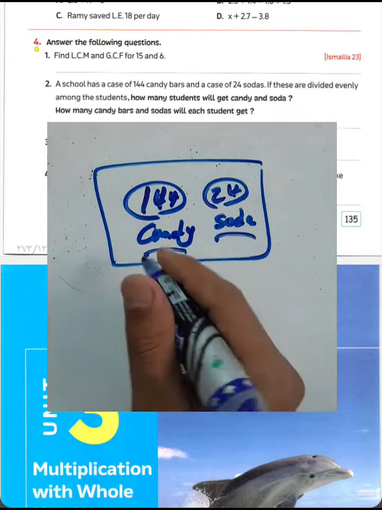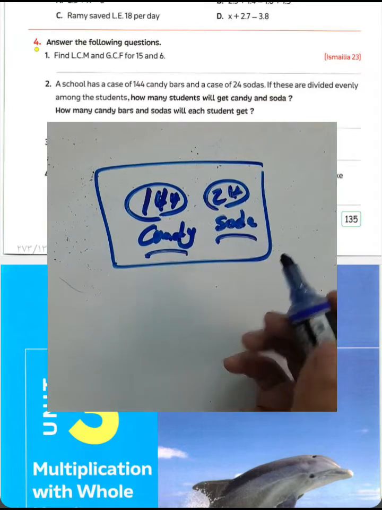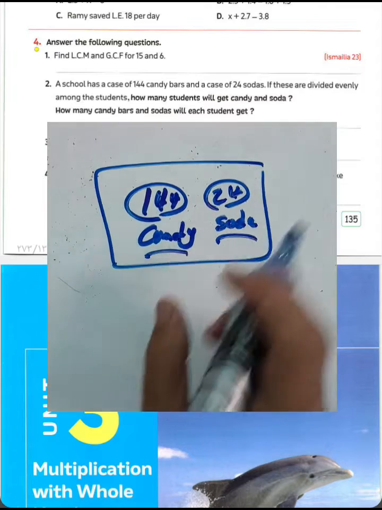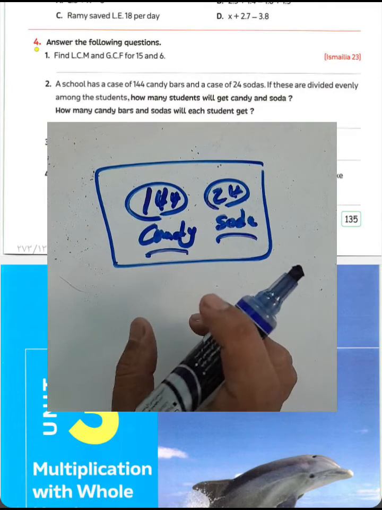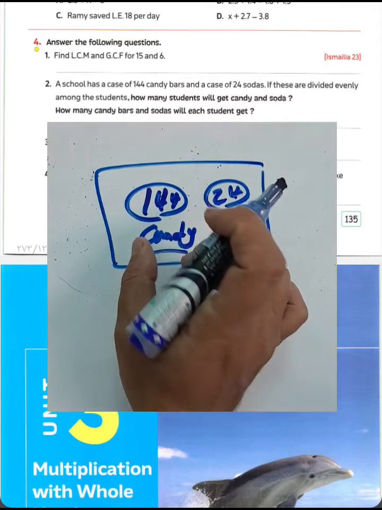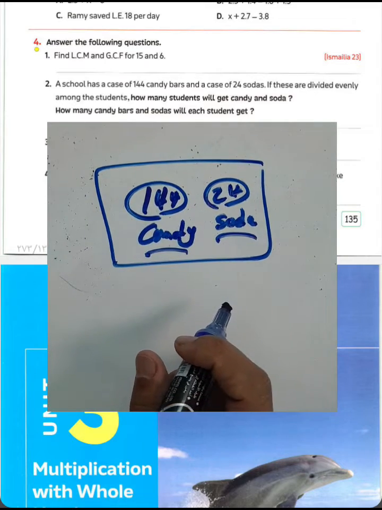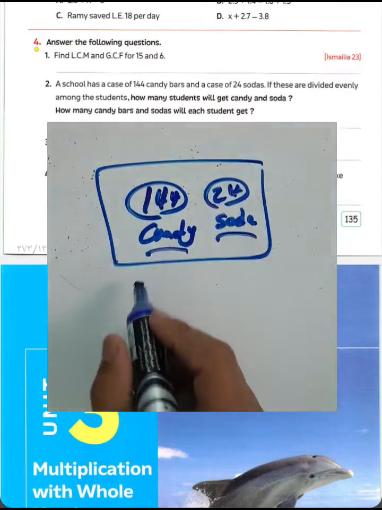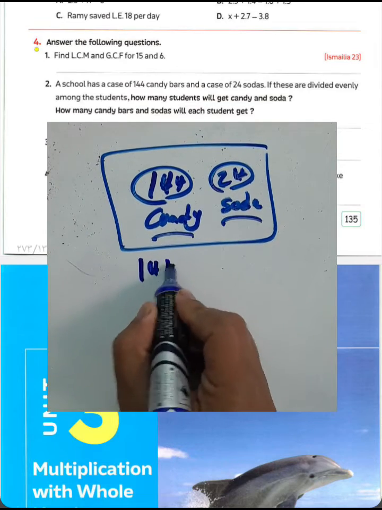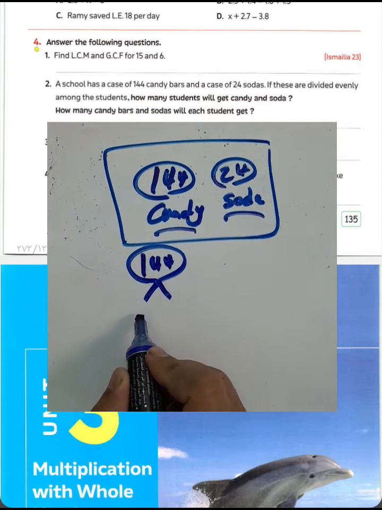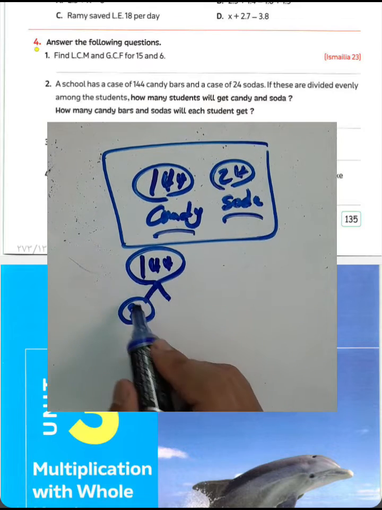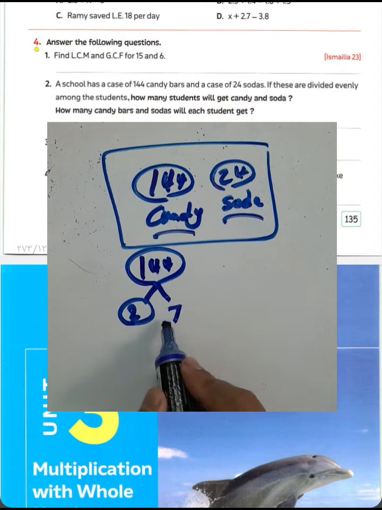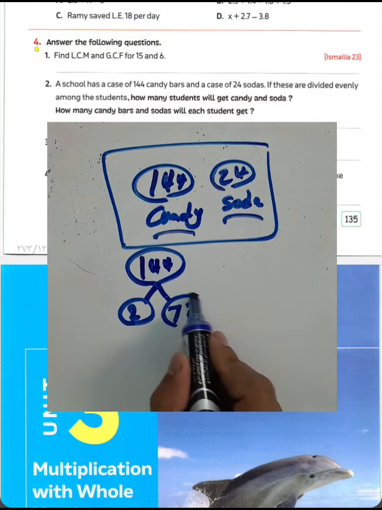How many candy bars and sodas will each student get? Okay, we want to find how many students can get candy and soda in equal parts. Who can tell me? We can solve this example by using the greatest common factor between 144 and 24. Okay, 144, factorize it by dividing by 2. It's an even number. 144 divided by 2 equals 72.